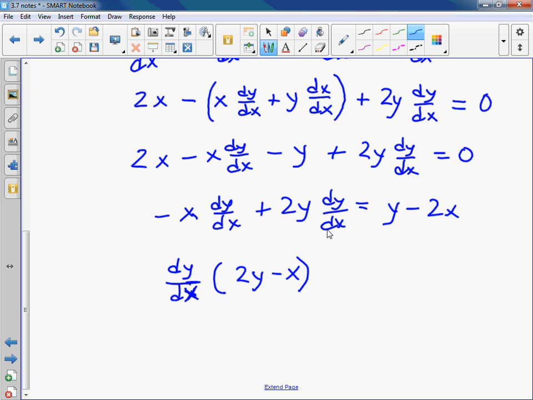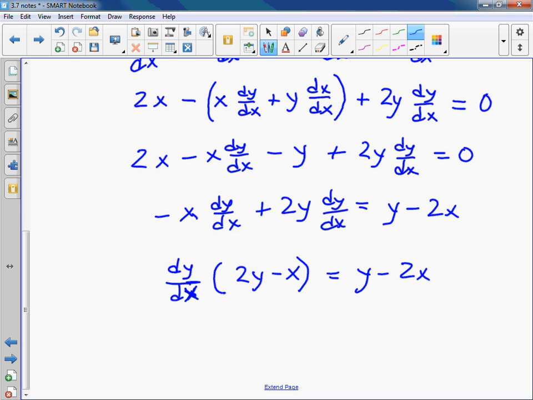Again, you could have said negative x plus 2y. It just seems like a convention in most applications, you'll see where they put the positive term first. A little bit simpler, but I just put it first. The negative x is still here. So we have dy dx times the quantity 2y minus x equals y minus 2x.